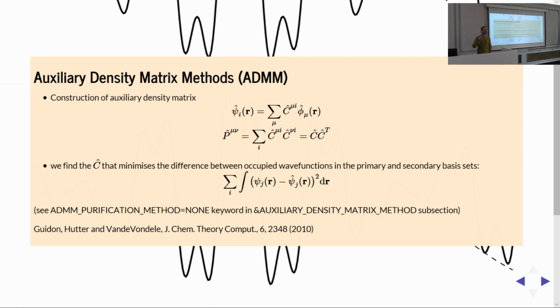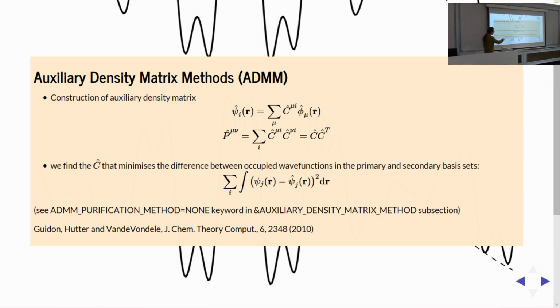So that's okay in principle, but we need some recipe for actually building this auxiliary density matrix. So we're going to build a new set of wave functions which are based on a linear combination of some new basis functions that we've introduced. So some auxiliary Kohn-Sham orbitals based on this new set of Gaussians.